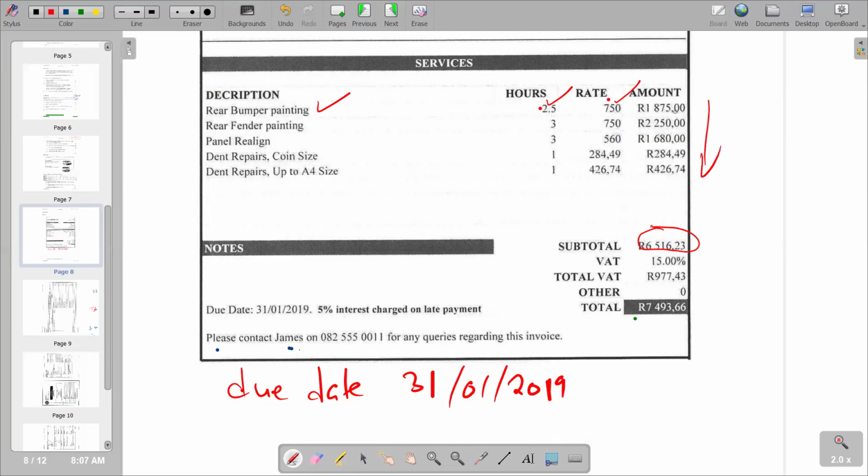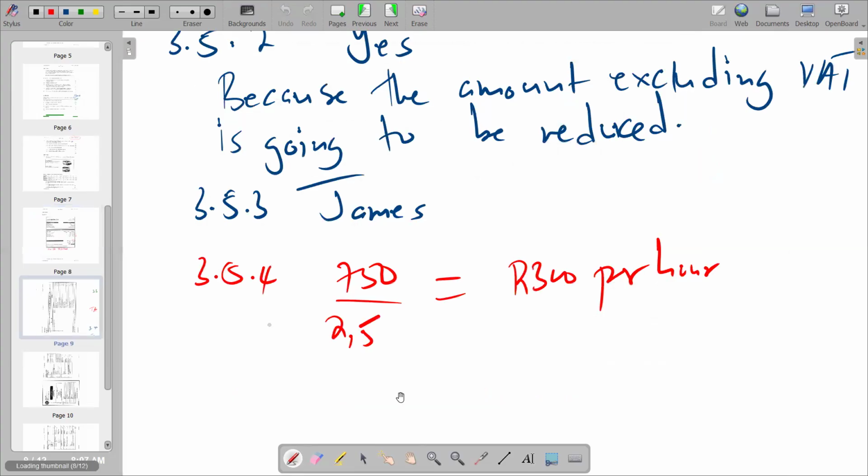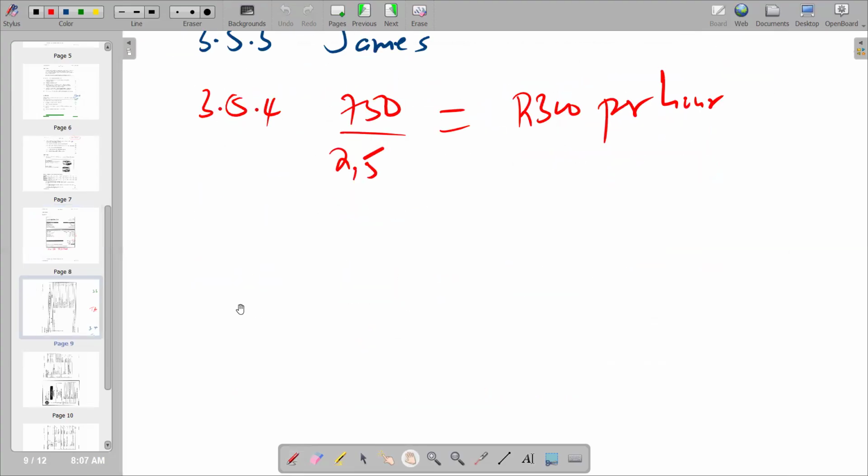So we're going to say 1,875 plus 2,250 plus 1,780 plus 284 rands 49 cents plus 426 rands 74 cents. So we just summarize that on the answer section, and then you get your answer is 6,516 rands 23 cents.